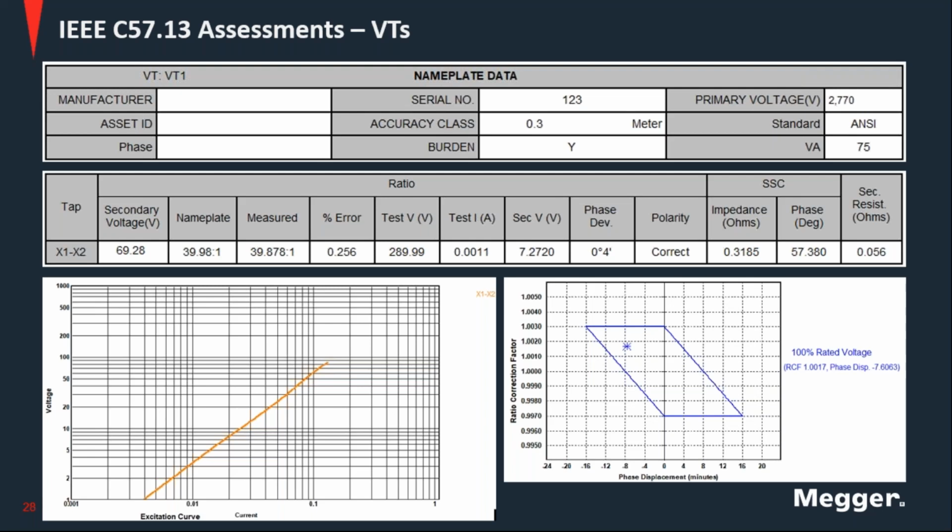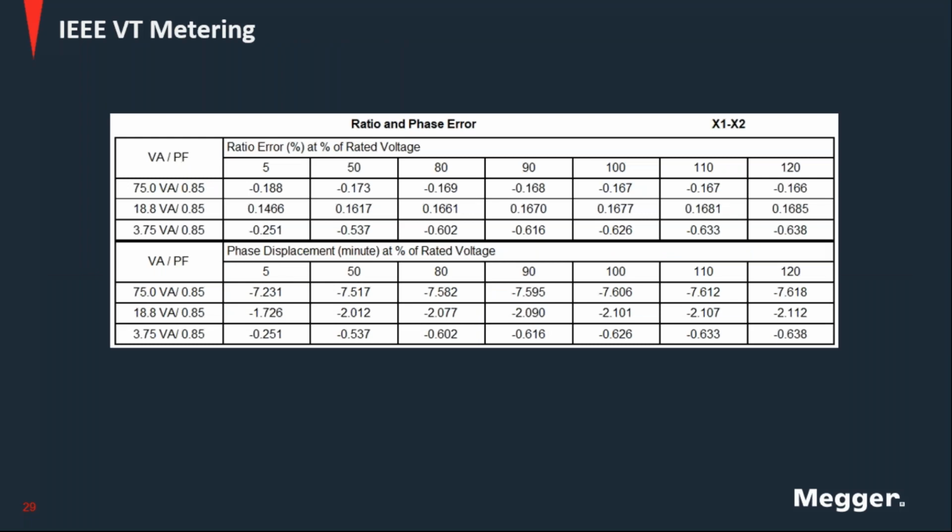Then this information from the excitation test, from the parallelogram, and from the short circuit impedance is also used to run the evaluation across different ratios, different loading conditions and different burden conditions.